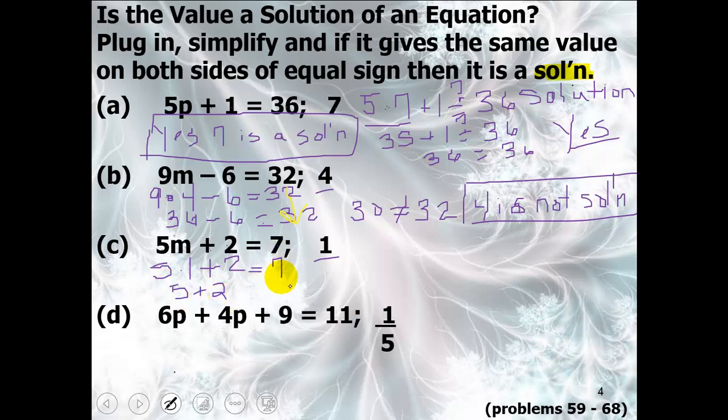Does this equal 7? That's what I'm checking. Remember, I'm just carrying this side down. And then I end up with 7 on the left side, and then equals 7. Yes, 1 is a solution.